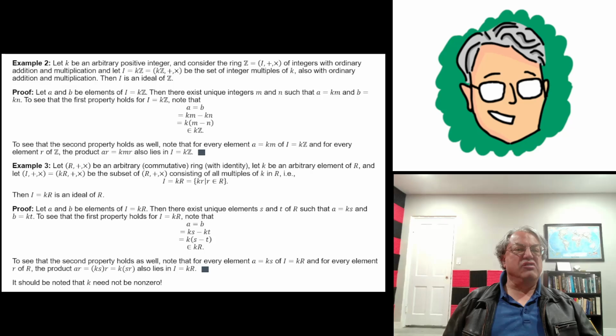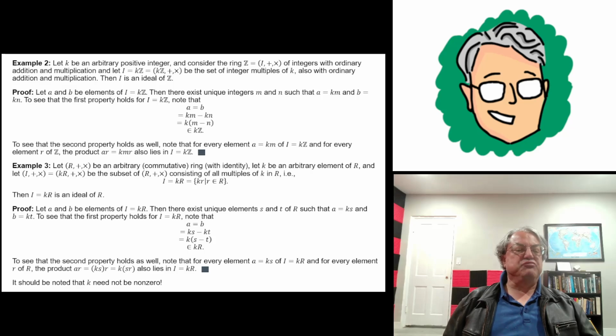So anyway, now I'm claiming that the set KR, which is really just the subset of R consisting of all multiples of K in R, in other words, all elements of the form little k times little r, where little r is an arbitrary element of big R, that set, which inherits the same addition and multiplication from R, is an ideal.